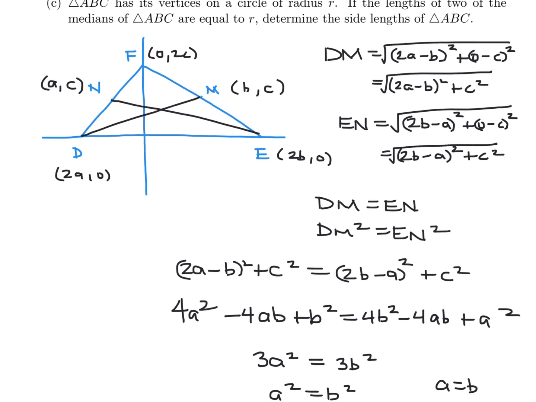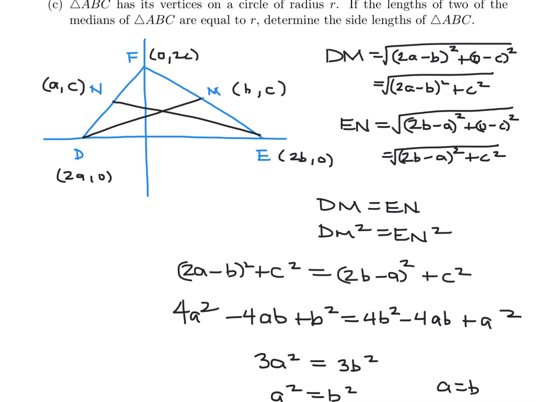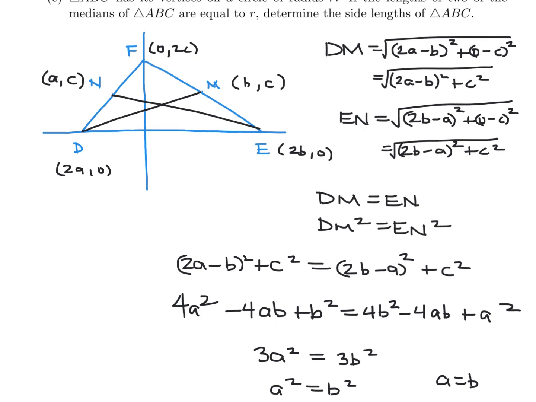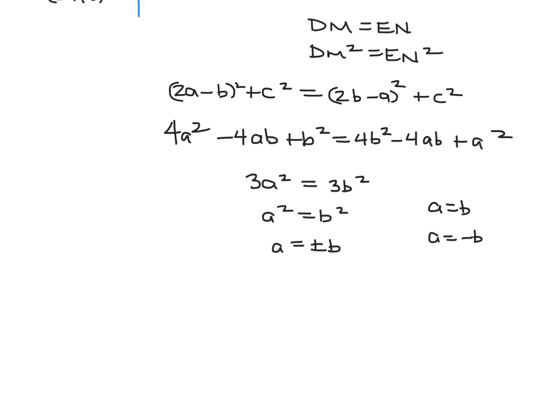Now if you go back to the diagram, a cannot equal b because they're on either side of the axes. So that means a equals minus b is the only way. So if a equals minus b, then that means DF and EF are equal. Right?